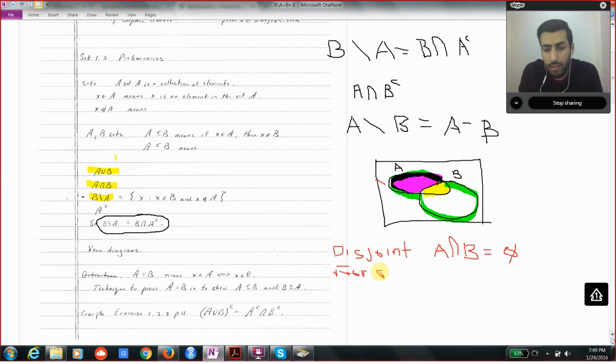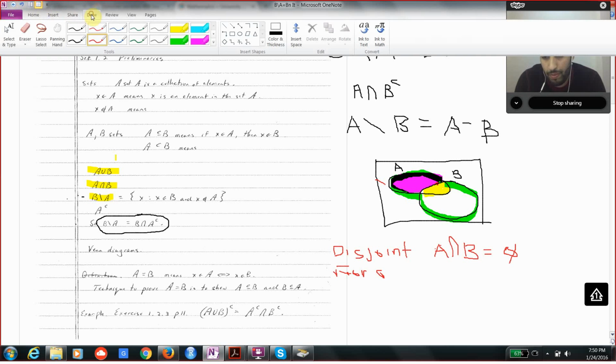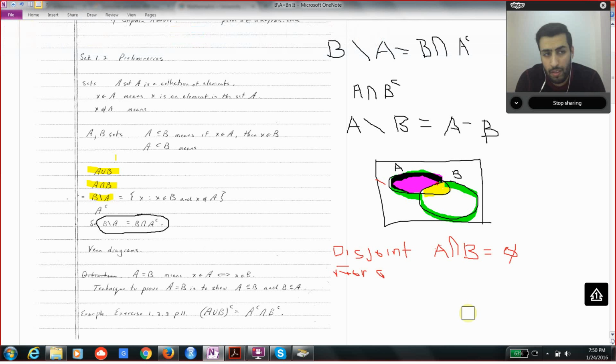Let me think about that if I want to do this as a proof for a minute. Let me state it as a fact, and maybe we'll come back and prove it a little bit later. We'll just say this is a theorem for right now.